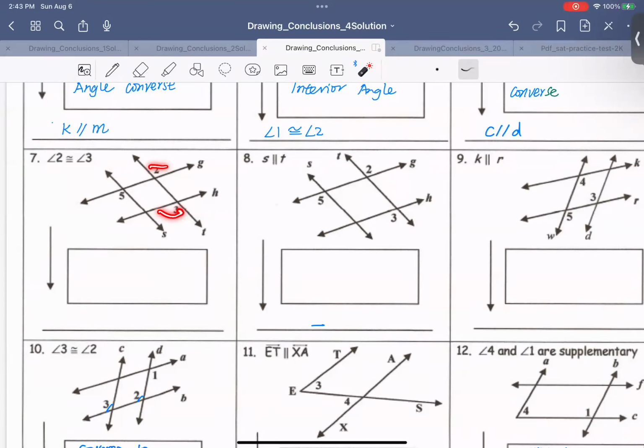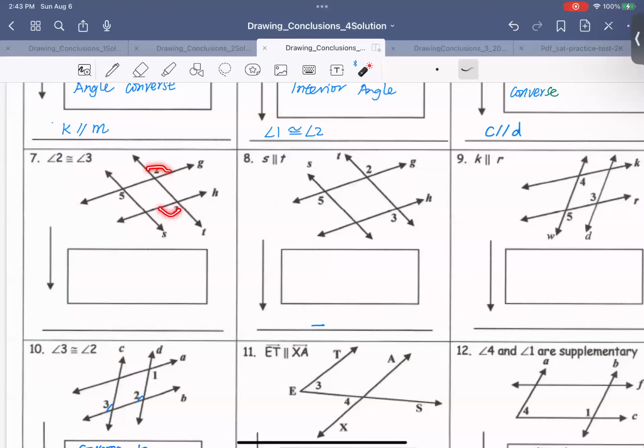And your conclusion is? Hold on. This one is going to have a conclusion for some lines parallel. Oh, S is parallel to T. These two. G is parallel to H. Yes. That makes sense.